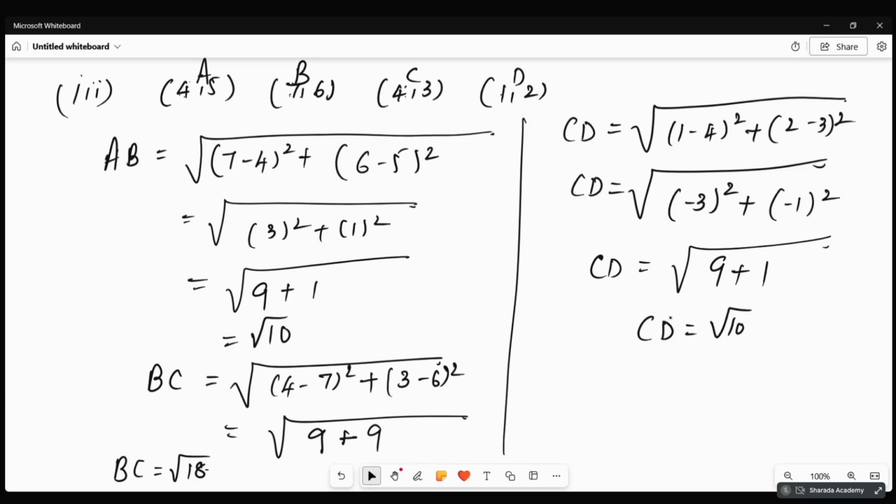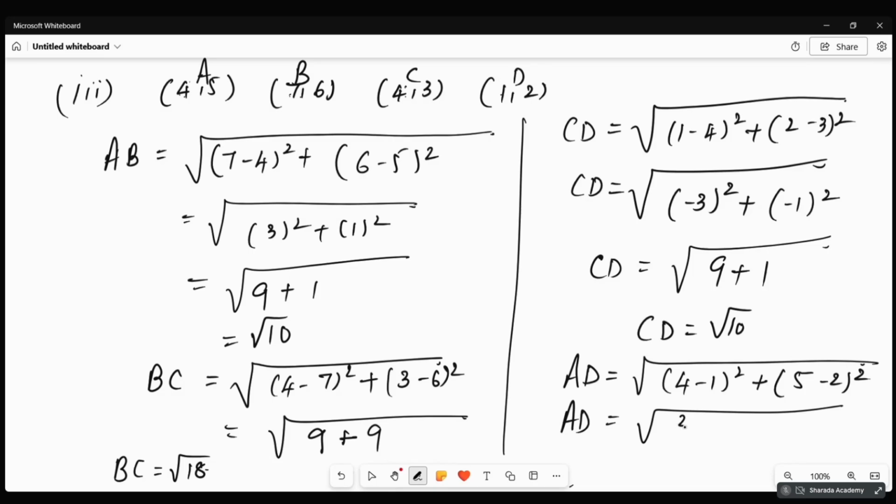So AB is equal to CD you are getting. Then try with AD. AD, what will you get? 4 minus 1 whole square plus 5 minus 2 whole square. 3 square plus 3 square, root 18 you will get.